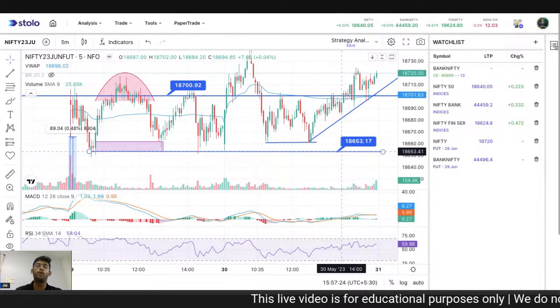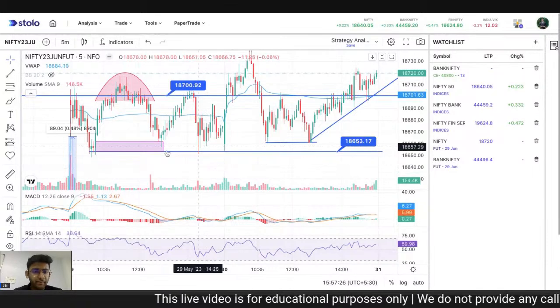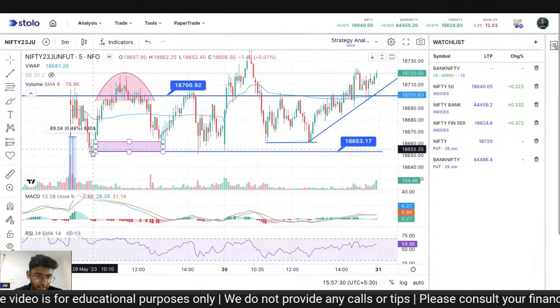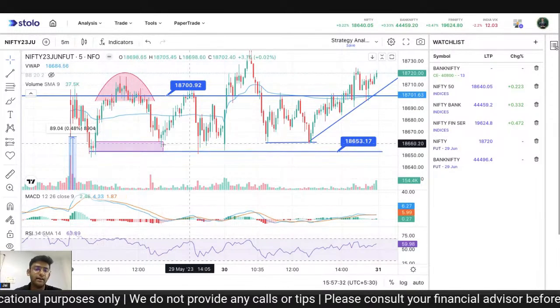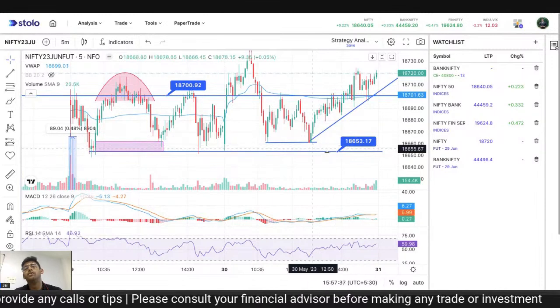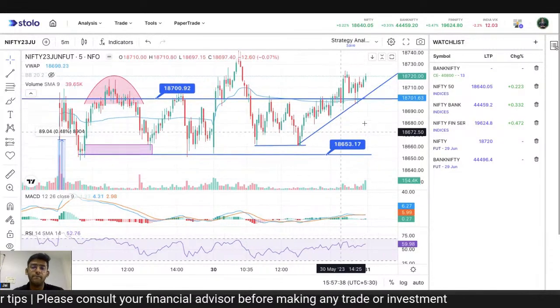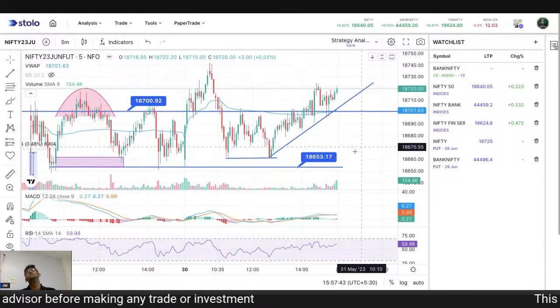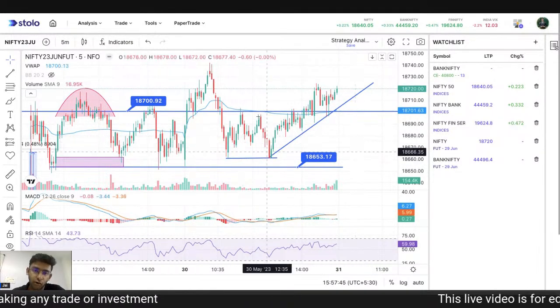This is again not based on why, but we are seeing it directly on the charts here. Since yesterday we see it 2-3 times taking support from that zone. We see it again here, and today also it did not reach that level. So this was a particular level, 18,660, which it was taking support from.